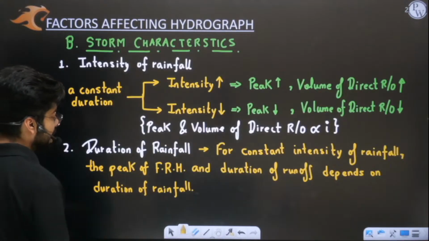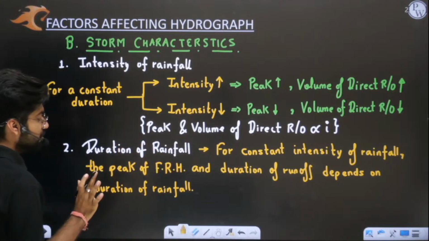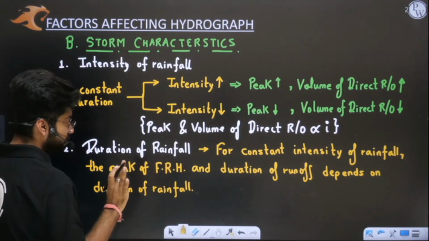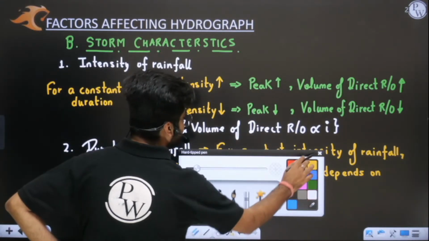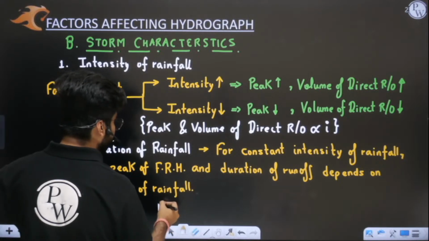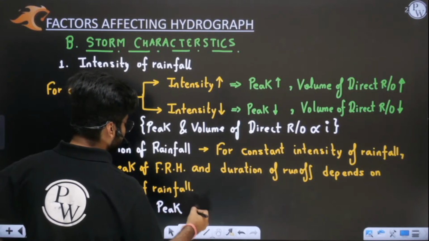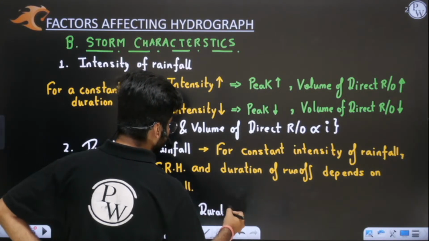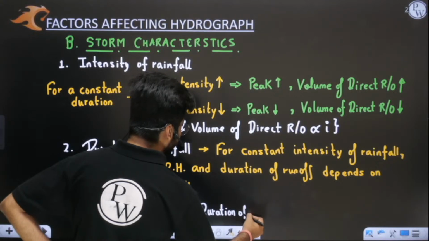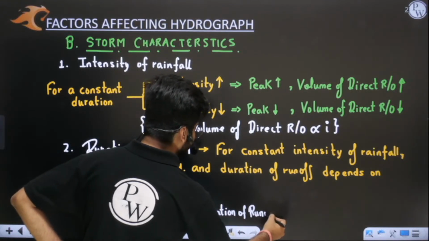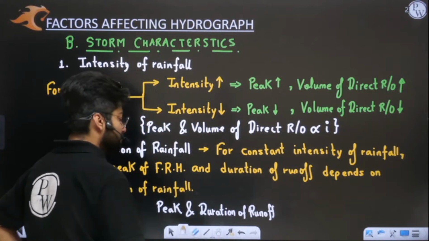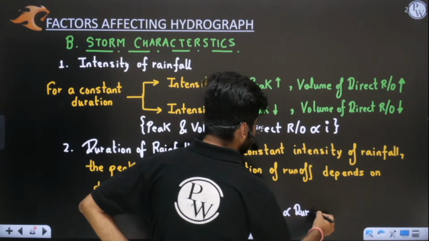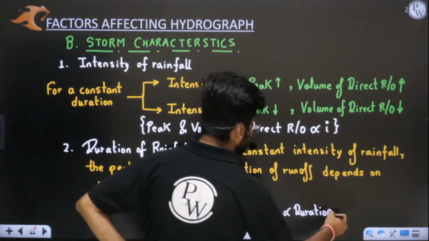If we have more duration of rainfall, then obviously the peak and duration of runoff will be more. The peak of runoff, the peak of hydrograph and the duration of runoff, how long this runoff will exist, basically the base time we are talking about, depends on till what time my rainfall is continuing.